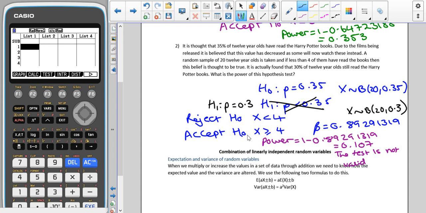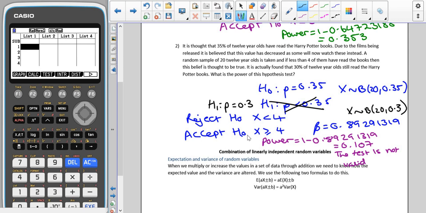So we're then using the distribution of X follows the binomial distribution with an N of 20 and a probability of 0.3, which then finding the probability of X being greater than or equal to 4 gives us a probability of making a type 2 error of 0.89291319. To then find the power, we're doing 1 minus this probability, which leaves us with 0.107. And this time the test just isn't valid. That power is very small. So the hypothesis test is not very good at all.